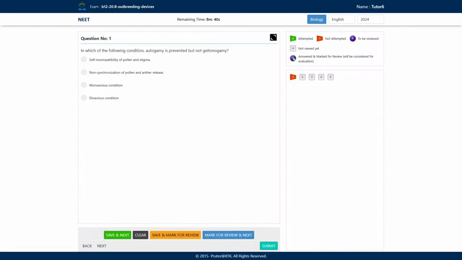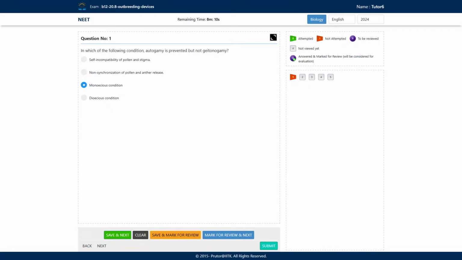So, monoecious condition means both male and female reproductive organs are on the same plant. So, the correct answer is monoecious condition.